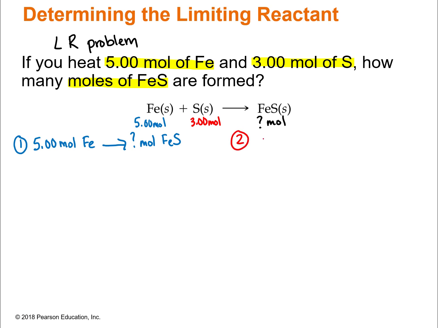The second question, if I had 3 moles of sulfur, how many moles of iron(II) sulfide will I make? And we're assuming in both of these scenarios that we've got this reagent and an excess of the other.